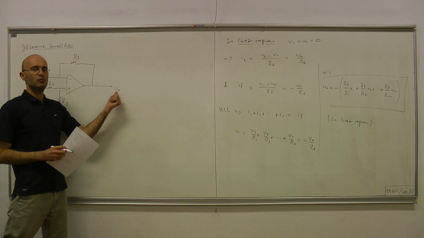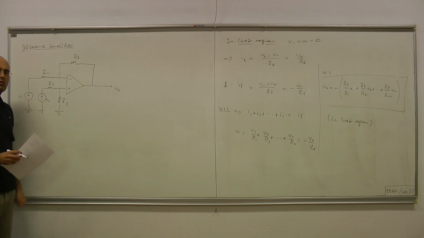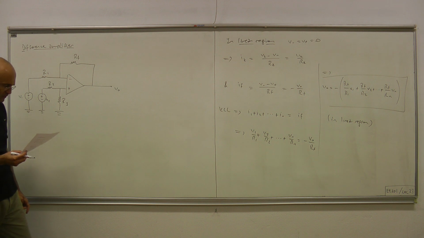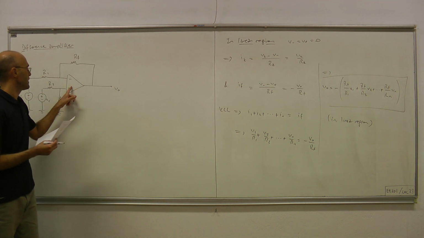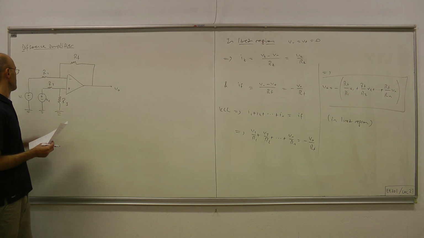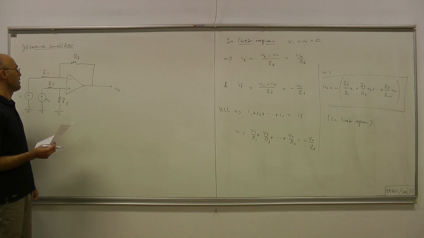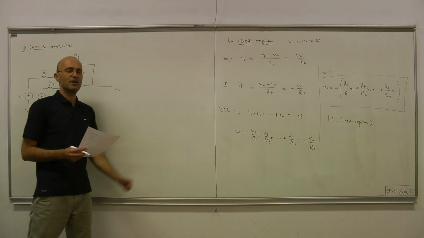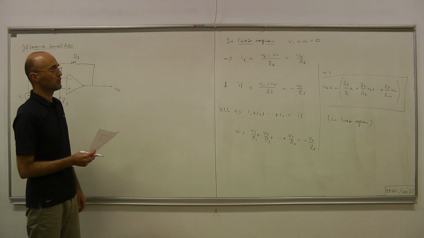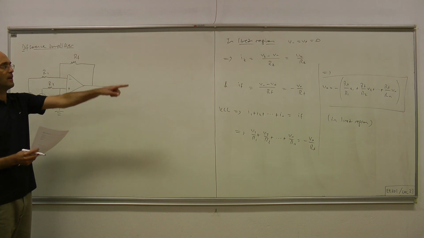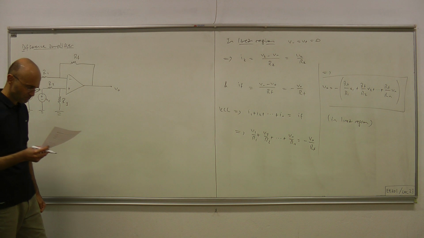Now, at the output voltage, we want to see some difference of two input voltages, V1 and V2. So let's begin our analysis. We write V plus in terms of the input voltage and output voltage. We write V minus in terms of the input and output voltages. And then we equate V minus to V plus to obtain the relation between input voltage and the output voltage. As in the previous example, we'll be assuming that we're in linear region.